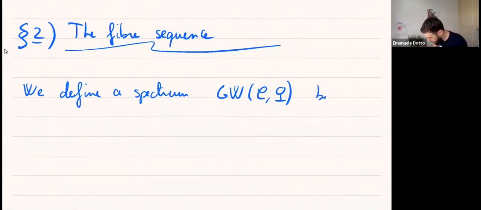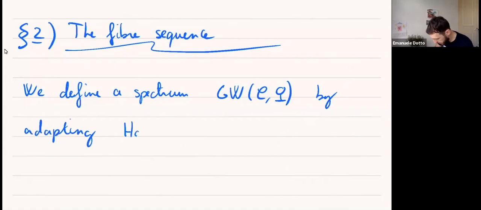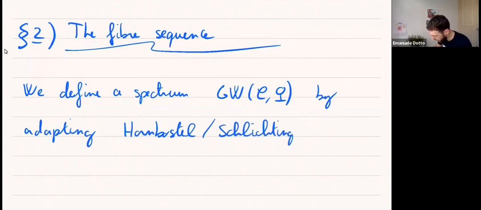We adapt Hornbostel and Schlichting's Hermitian Q construction.